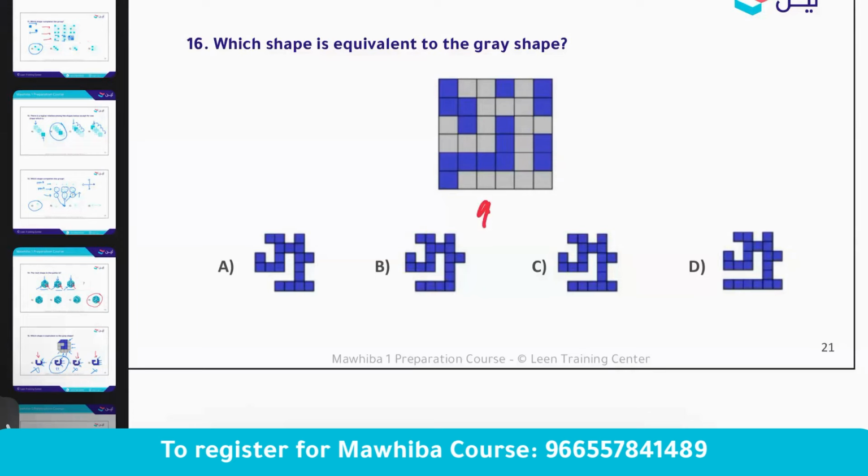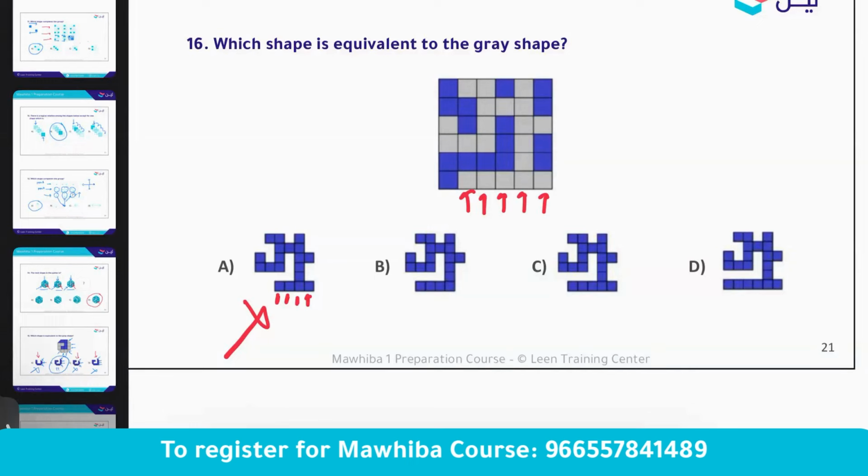How many gray squares do I have? I have 1, 2, 3, 4, and 5. Let me start examining shapes. I have 1, 2, 3, 4. So no, it's not A, because if it's the gray shape, I should have 5 squares in the bottom.